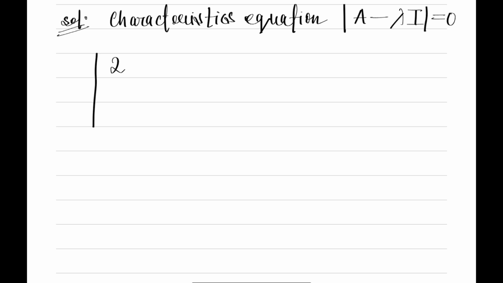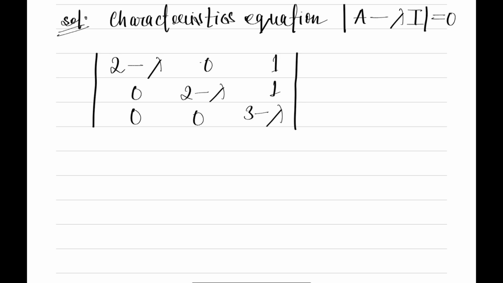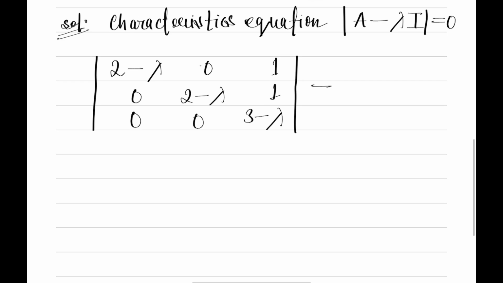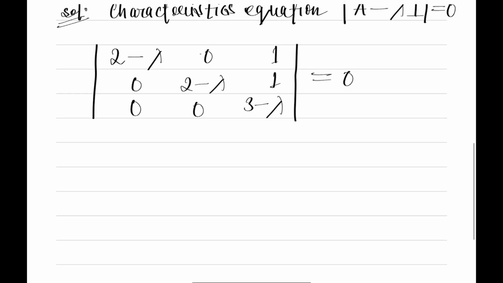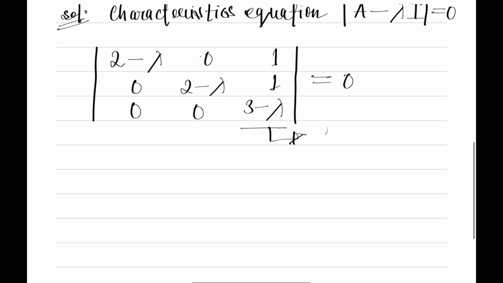Now our matrix will become 2 minus lambda, 0, 1 and 0, 2 minus lambda, 1 and 0, 0, 3 minus lambda, which will be equal to 0. We will expand along column 3.